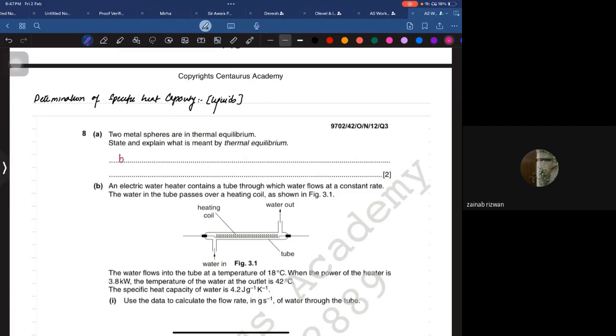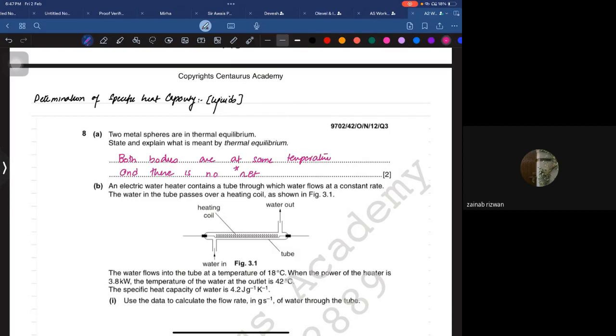So, both bodies are at the same temperature. When this basically happens, we say that these are in thermal equilibrium, but there's one condition, and that is no net. Now, this word net is the key word here.